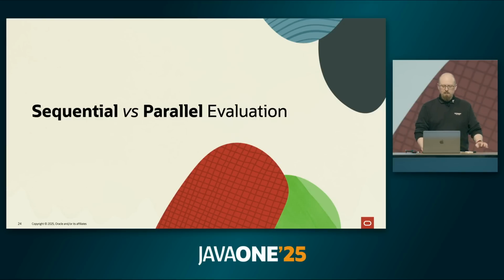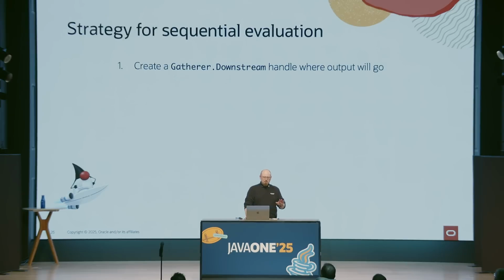All right, so how do we take these things that we've defined, these gatherers, and actually run them? I'm going to try to explain that, and feel free to ask questions. It's a bit tricky. So I'm going to explain the abstract recipe here and then show you some code.